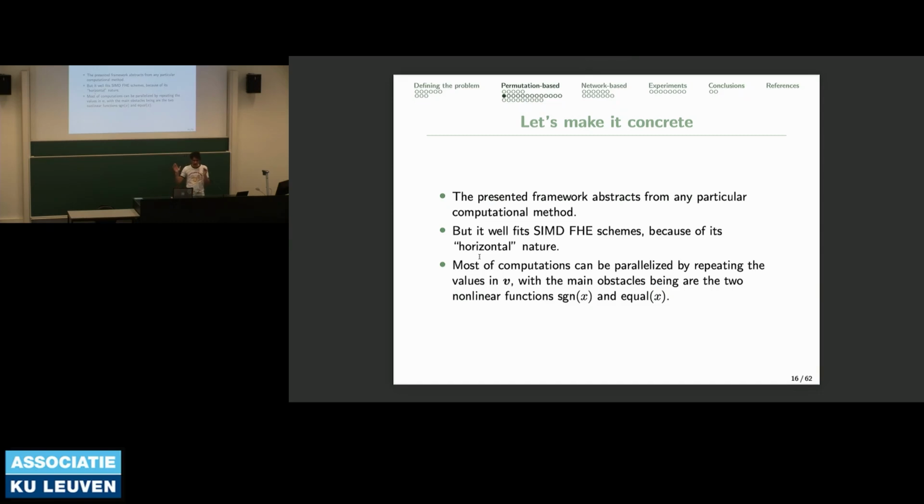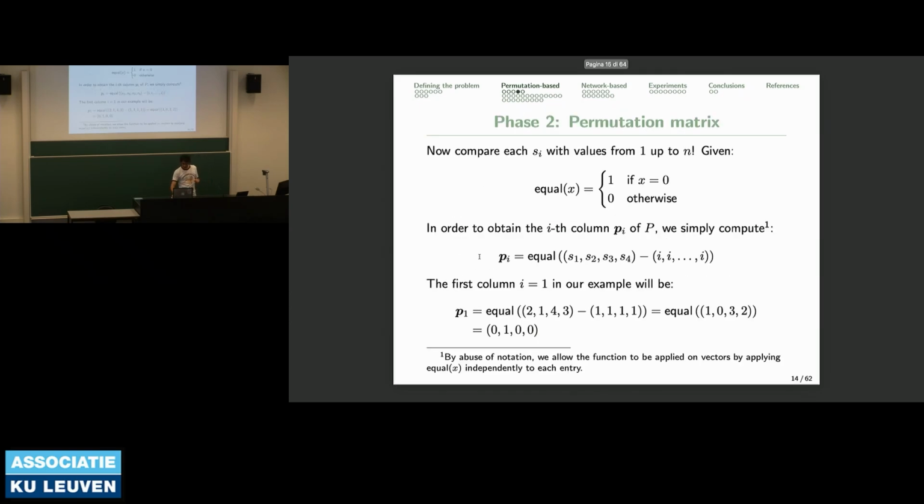Why did you choose 0.5? Can't you just put it to 0? Yeah, you can just put it to 0. It will be convenient afterwards, because when we use the equal function, the equal function is 1 in the origin, and if we go back, we want precisely this value to be mapped to 1.